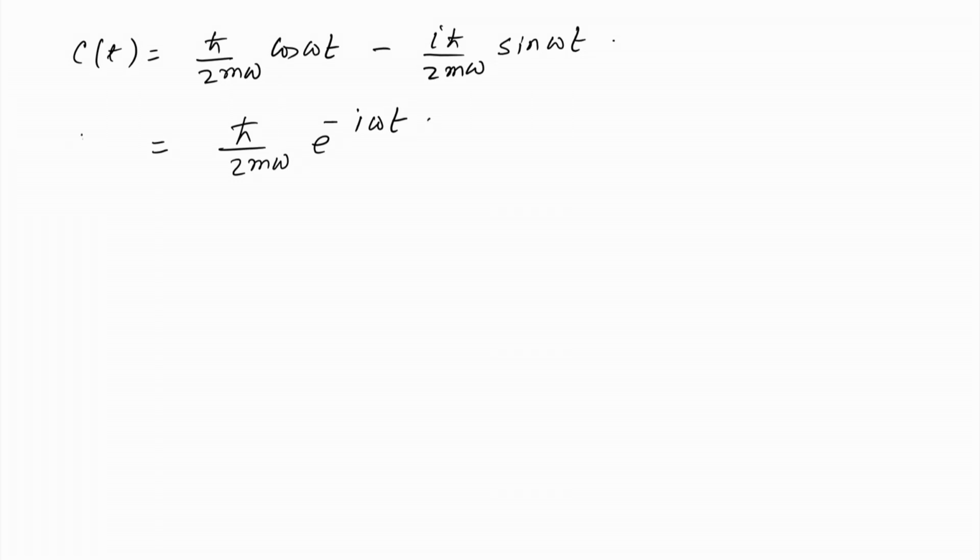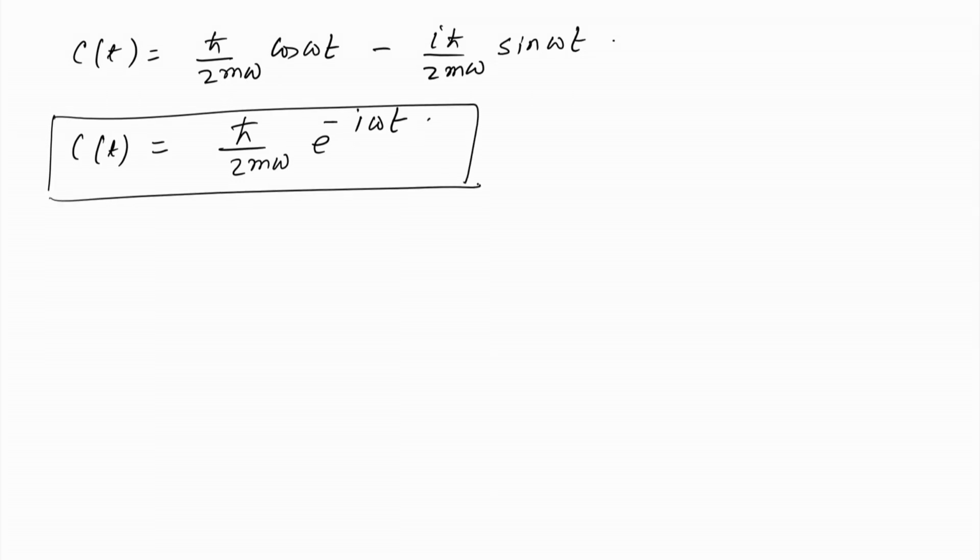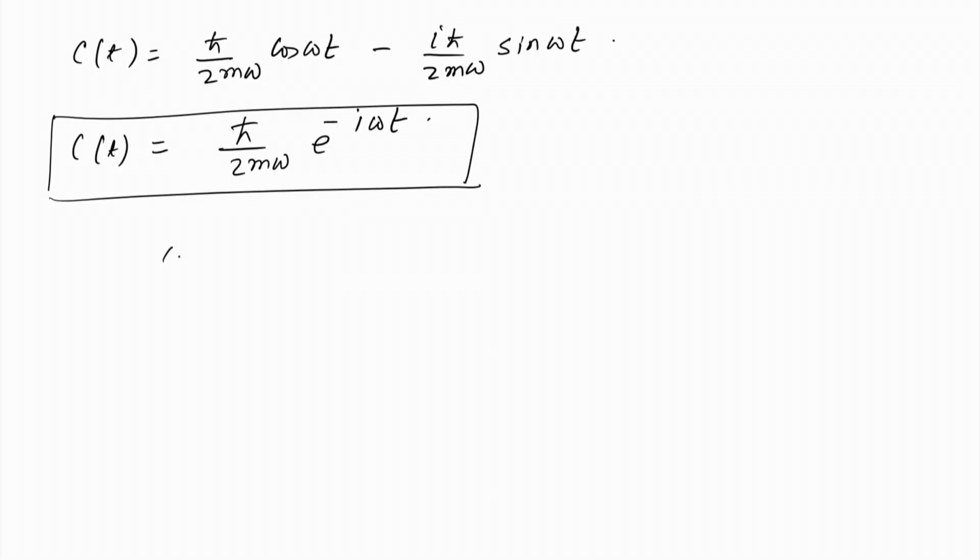So, this is a nice expression, it is in a very closed form, that the correlation of x t and x 0, x at time t and x at time 0, can be determined, and the time evolution of that is obtained by this expression, which of course has a variation which goes with an envelope which is 1 by omega, and it is an exponential minus I omega t.